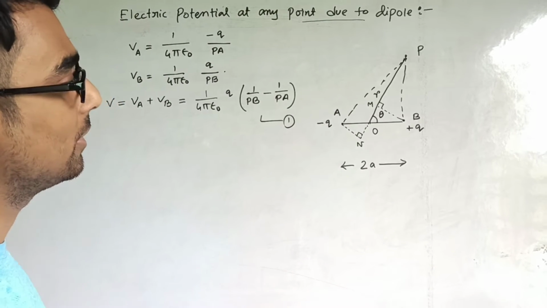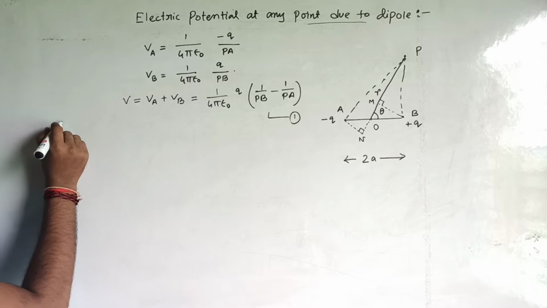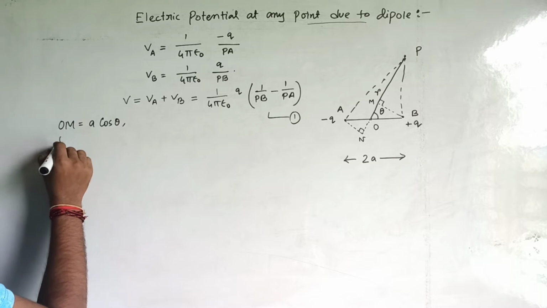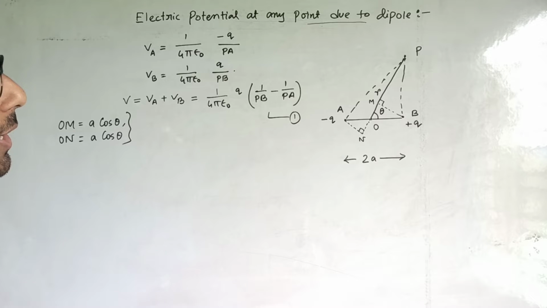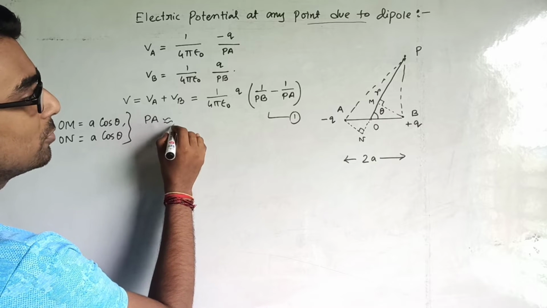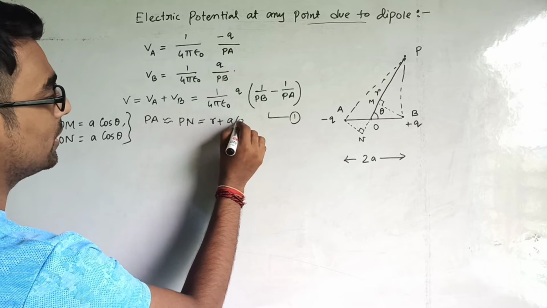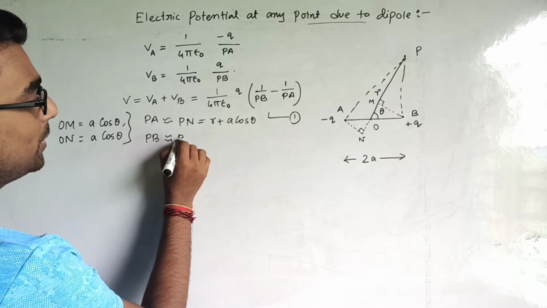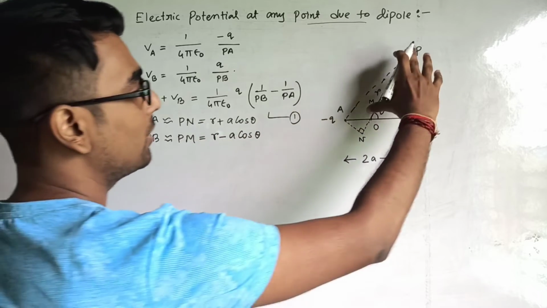In that case, the value of OM will be a cos theta, and in a similar way ON will also be a cos theta. Using this we can write PA, which is approximately equal to PN, as R plus a cos theta. In a similar way, PB, which is approximately equal to PM, will be equal to R minus a cos theta.